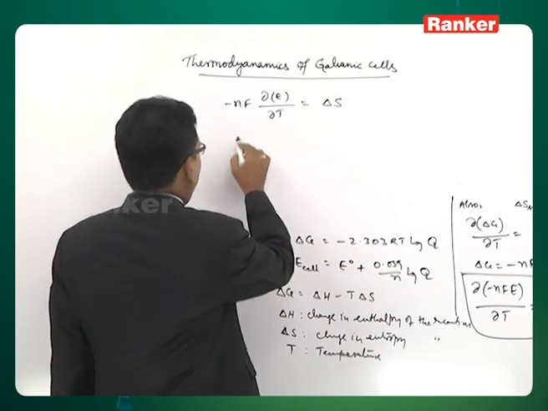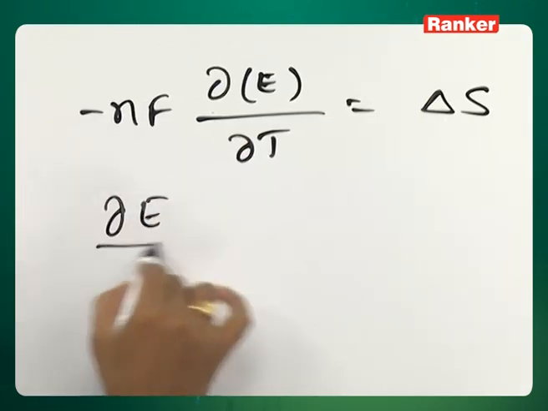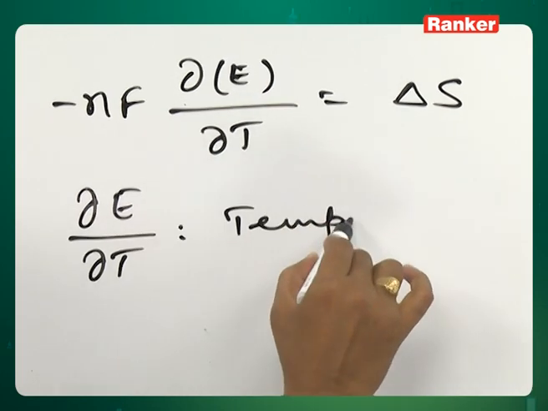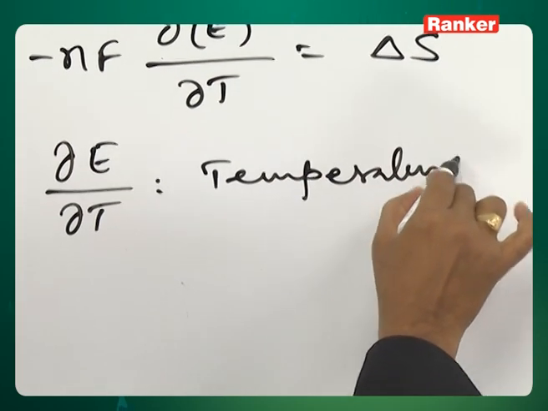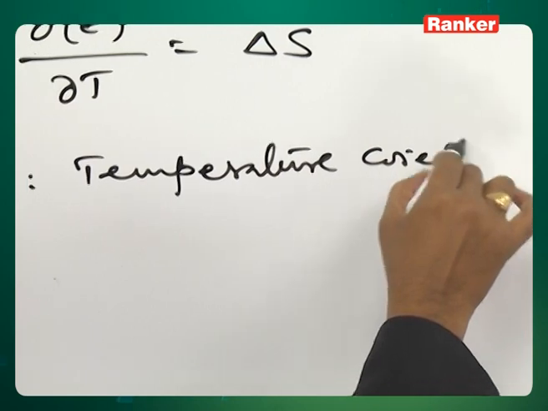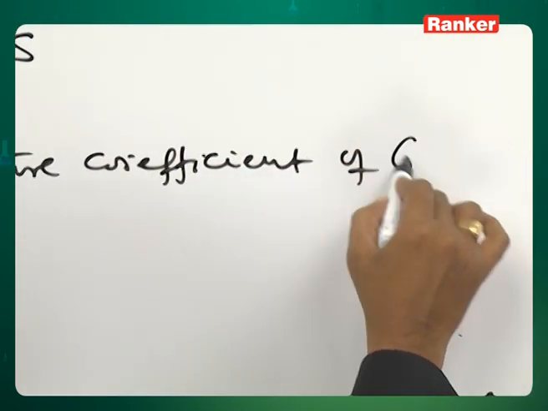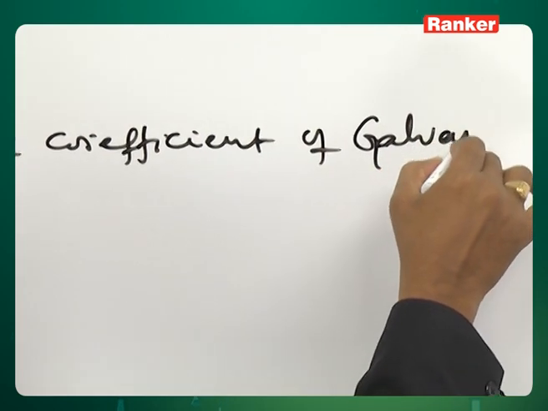So, now this dou E by dou T is what you call the temperature coefficient of the galvanic cell.